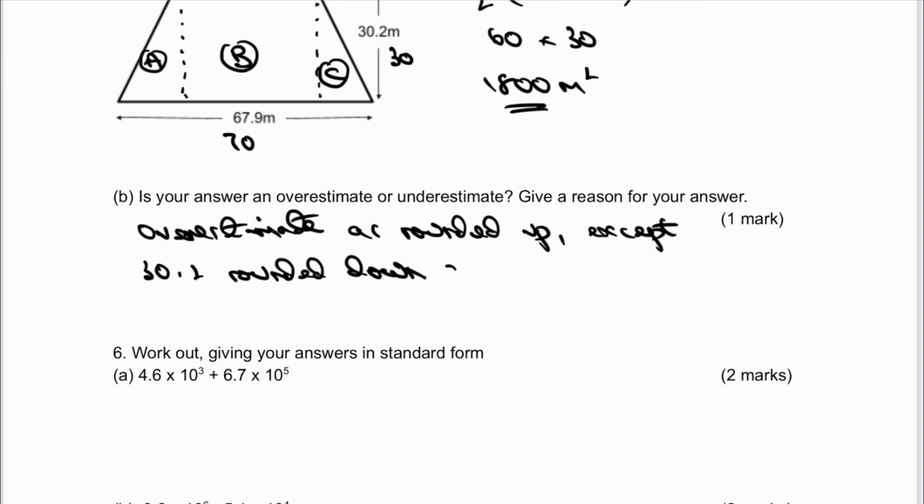Okay. Hopefully that's okay for you. These are usually 1 mark type questions, so providing you've got a reasonable answer to that, you should get the 1 mark for that. Okay, so let's move on then to question number 6, A and B.